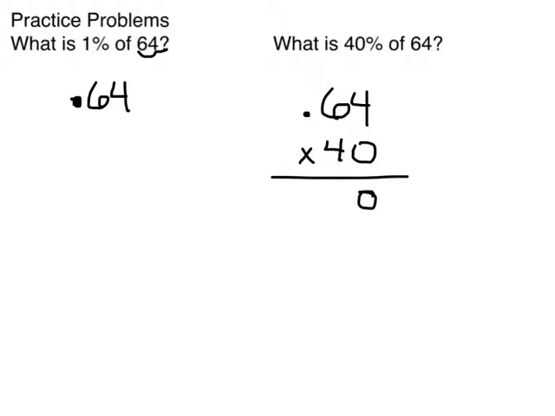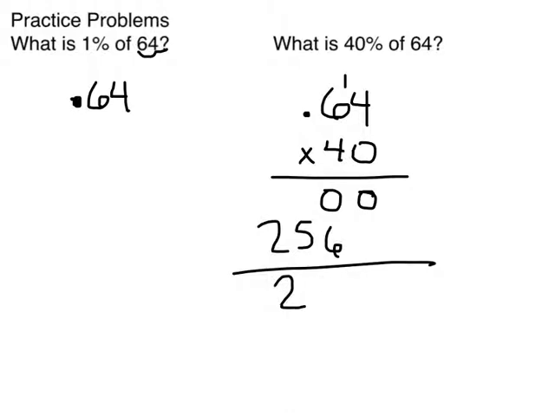We get 0, 0, and then 4 times 4 is 16, add it up, 2560, move my decimal 2 places, so 25.6 is 40% of 64.